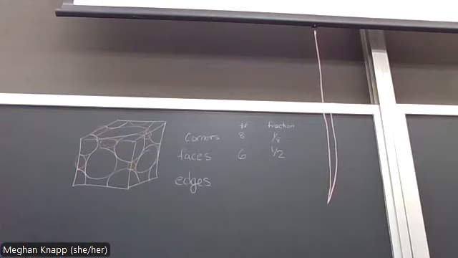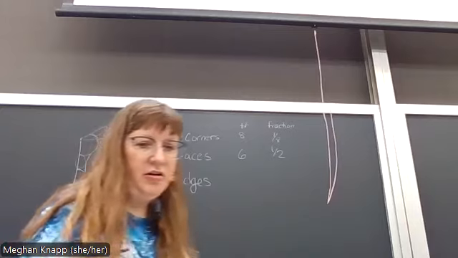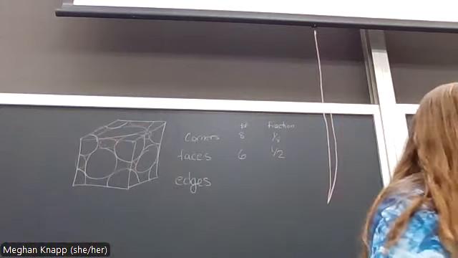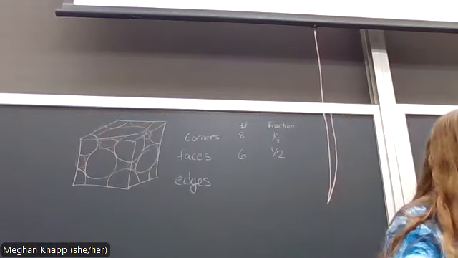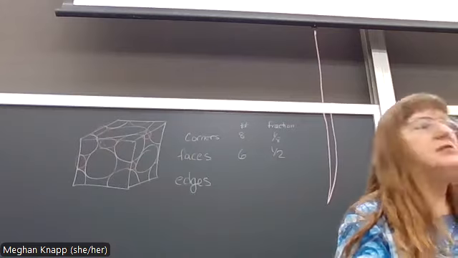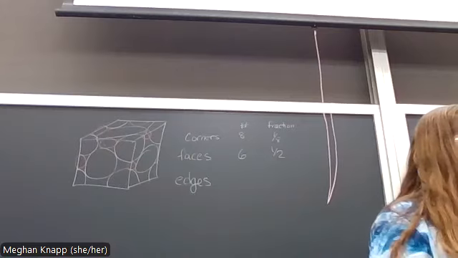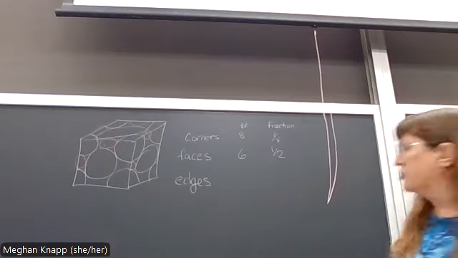So what do you think? How many edges are there on a cube? 12? You all agree? We've got 4 on top, 4 on the bottom, and 4 going up and down. So there are 12 edges.